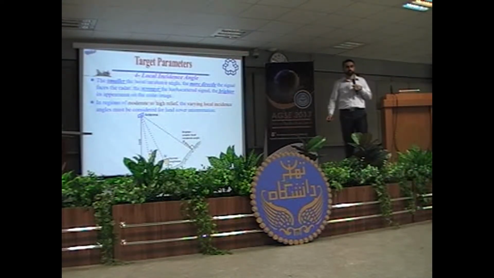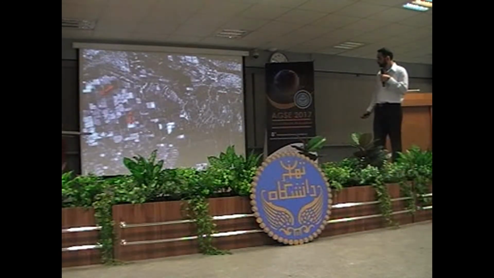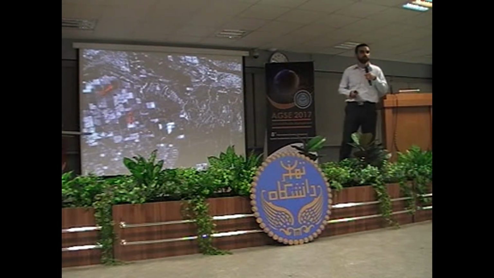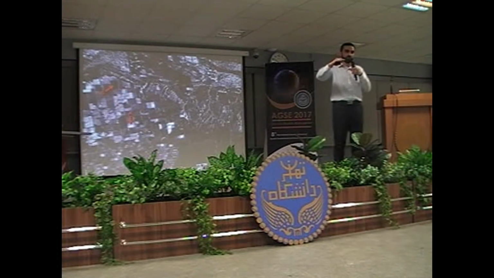Excuse me, can I interrupt? Previous slide. From what you say, if there is a rice field which is completely flooded, it will look dark. Yeah. But if it is half filled with water, it will look bright. Bright, yeah. That's why rice mapping is also a very interesting application, because we usually acquire images in different stages of rice.